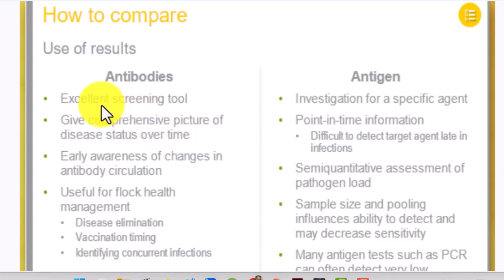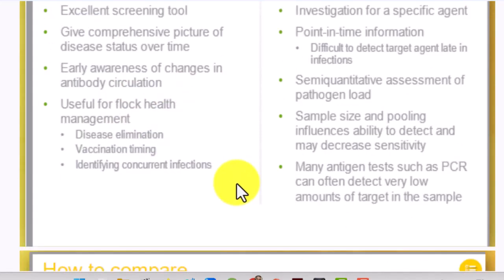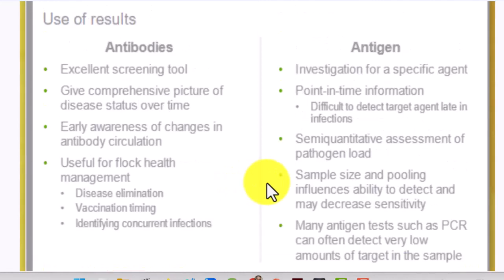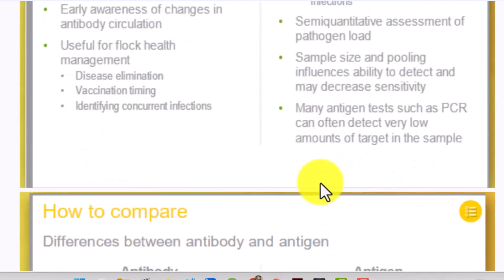ELISA is an excellent screening tool. It gives a comprehensive picture of the disease, early awareness of changes, useful overlook of health, disease elimination, vaccination timing, identifying concurrent infections, investigation for a specific agent, point in time information. It is semi-quantitative; sample size or buffering influence the ability to detect and may decrease sensitivity.